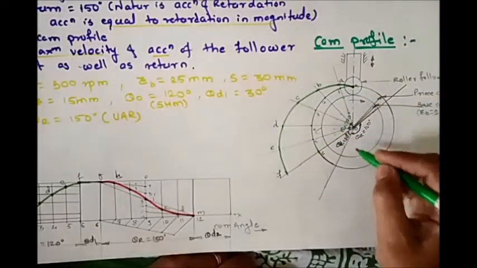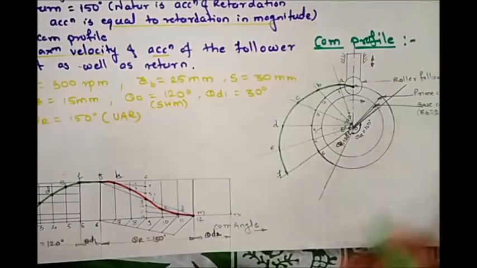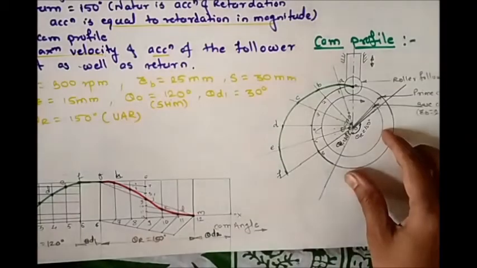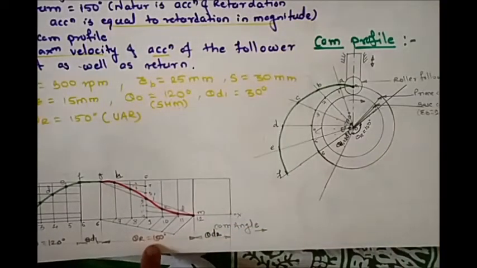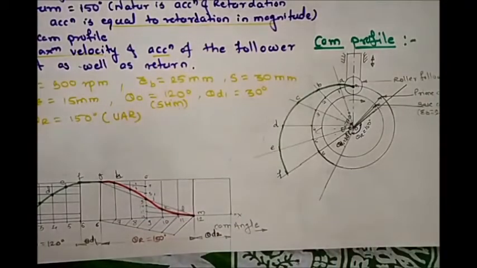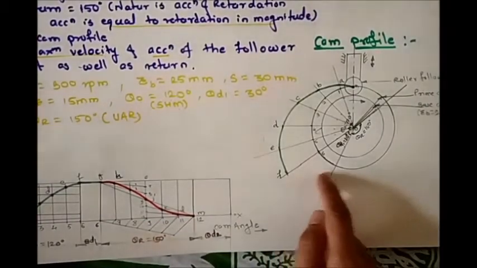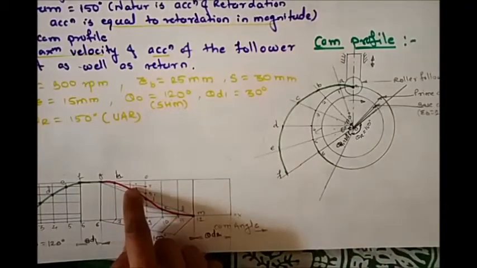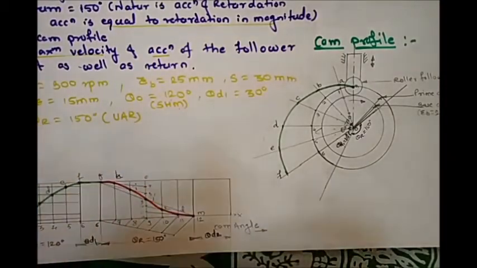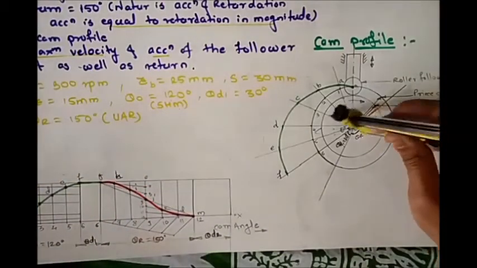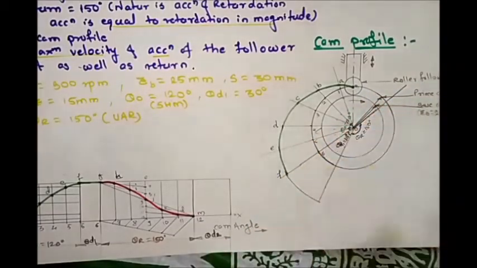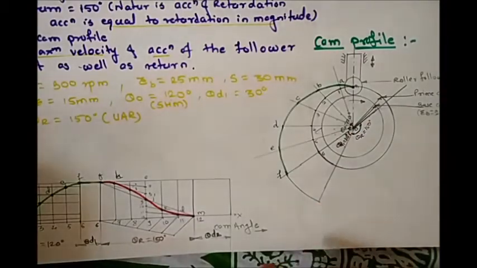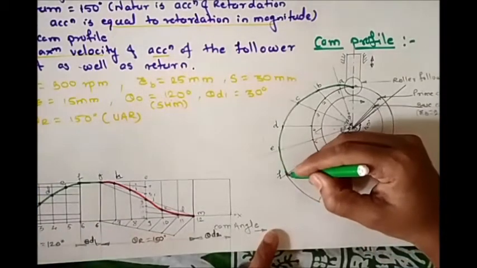Similarly, do the same procedure for theta r. Let's divide this theta r into 6 parts, because we have divided theta r into 6 parts in the displacement diagram. For this theta d1 there is a dwell period, so we only continue this point F up to the d1 period, because this period is a dwell period.